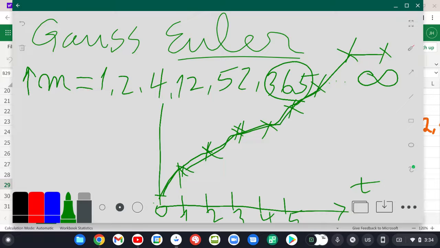It's not smooth. But if I measure the heights monthly, it will be smoother than this. If I do it weekly, it will be smoother. If I measure it daily, it will be smoother.